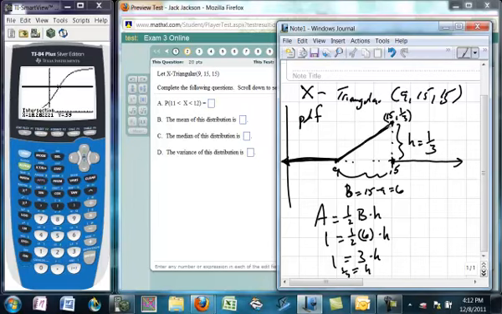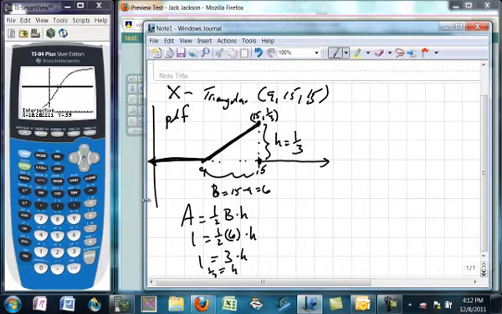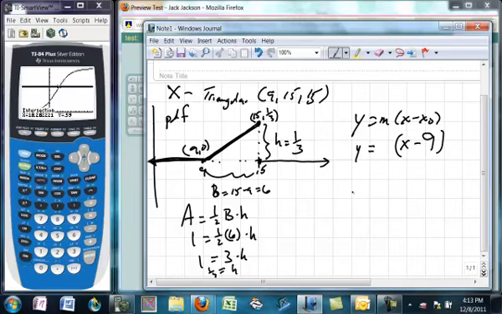Now let's also look at this line. We can come up with the equation for it. It's y equals m times (x minus x sub 0), the x-intercept or factored version of the line. We know the x-intercept is (9, 0), so x sub 0 is 9. And m is the slope. Remember, the slope is delta y over delta x, the change in y over the change in x.